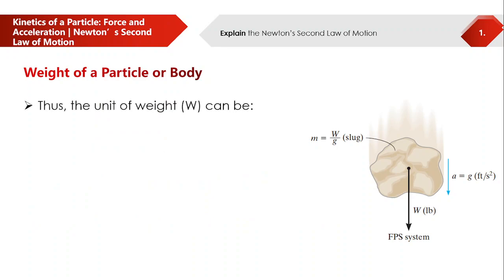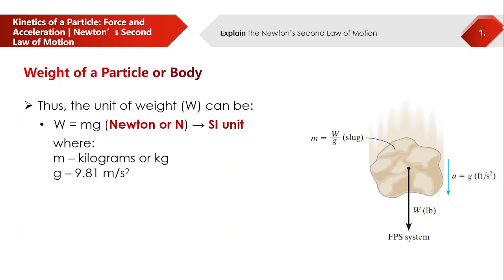So the unit of weight, where weight is equal to mass times acceleration due to gravity, is the Newton or N, where m is in kilograms and the acceleration due to gravity is 9.81 meters per second squared.